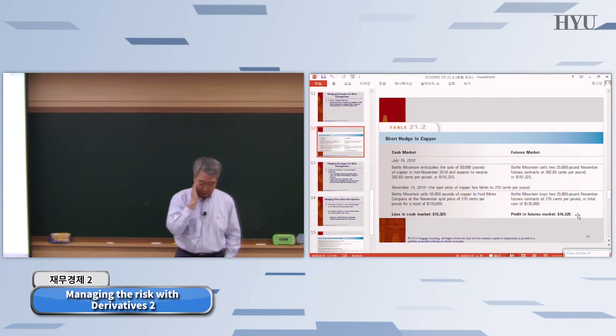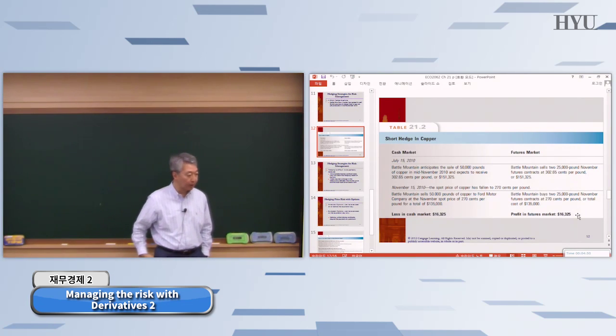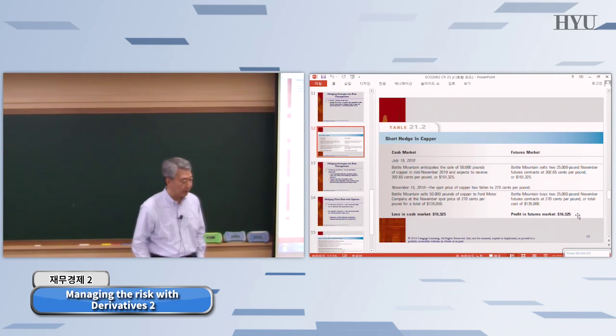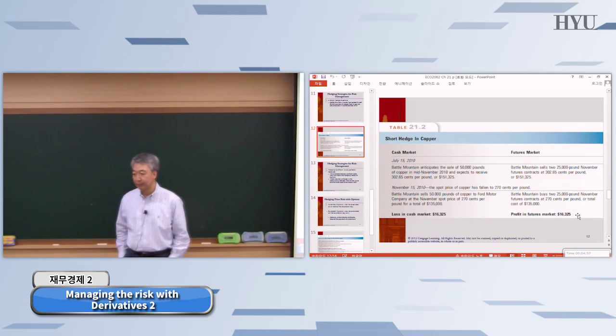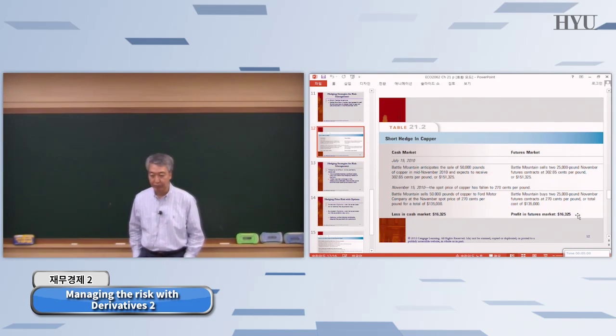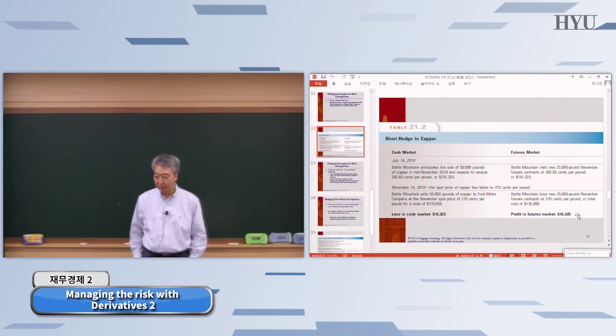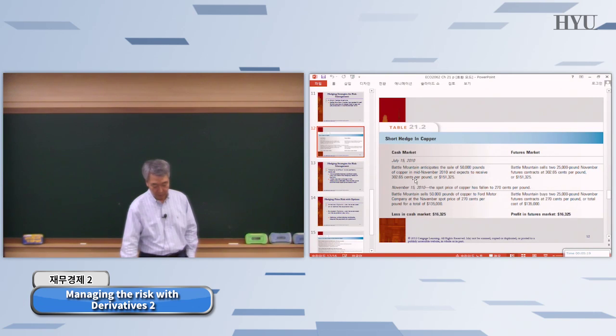But one thing you have to understand here is you can protect yourself against the price decline in this example. But what if price increases? Suppose instead of price going down, price went up between July and November. Then what? They are in trouble because they have agreed to sell 50,000 pounds of copper at 302.65 cents.